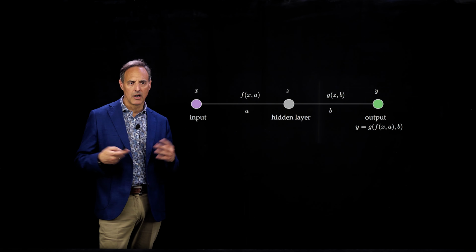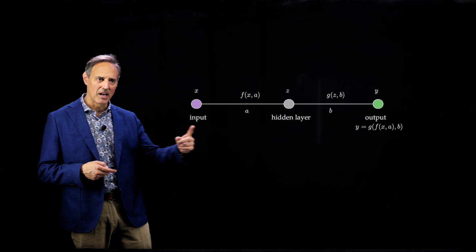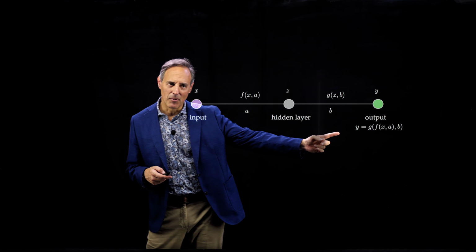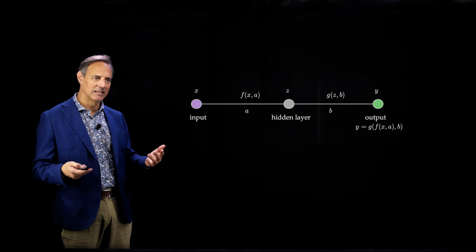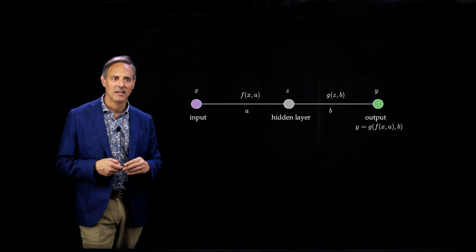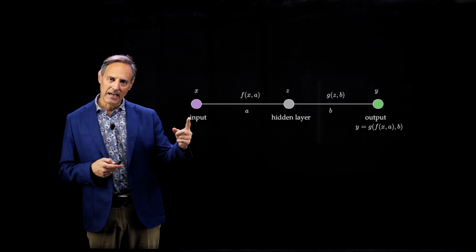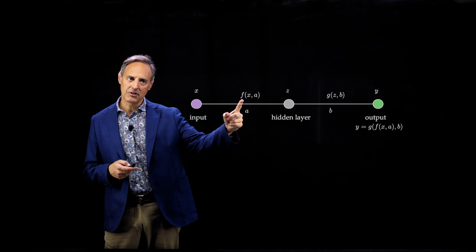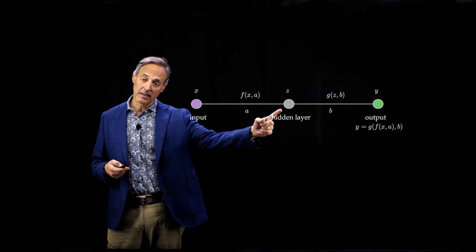This is my neural network example. It's going to go from an input, have one hidden layer, to an output. All one dimensional. This is actually the simplest neural network I think you can make with any kind of hidden layers. My input is x, and x gets mapped through some activation function f with a parameter a, let's say, to the hidden state variable z.